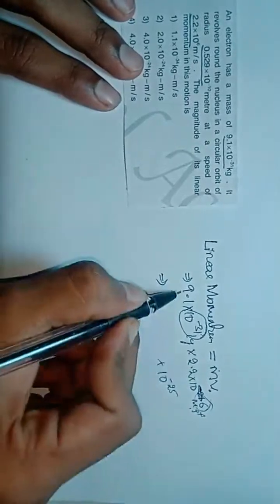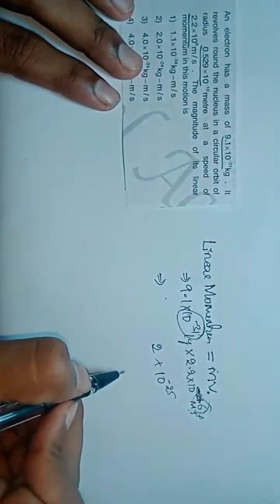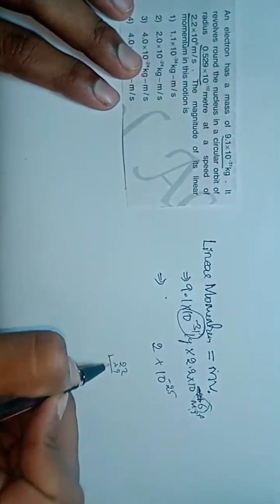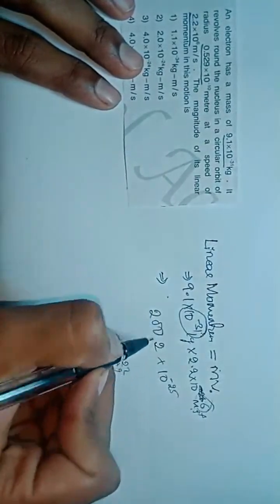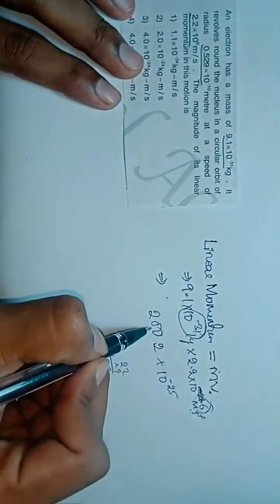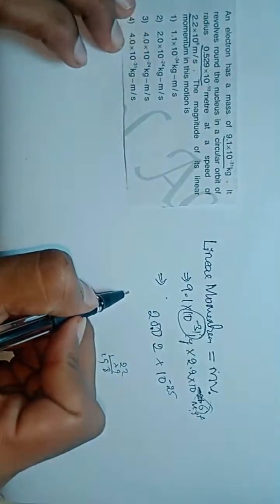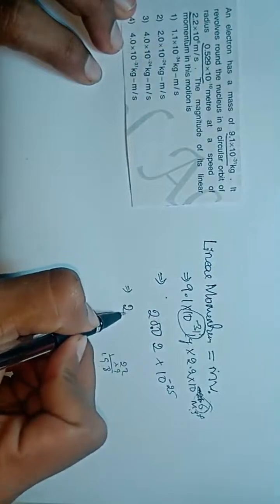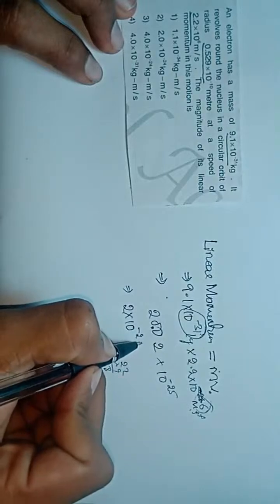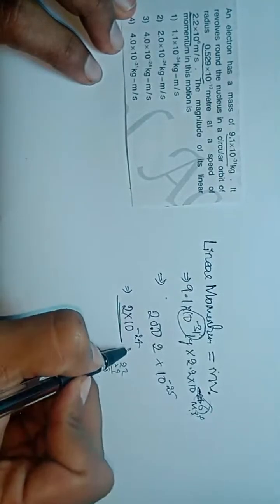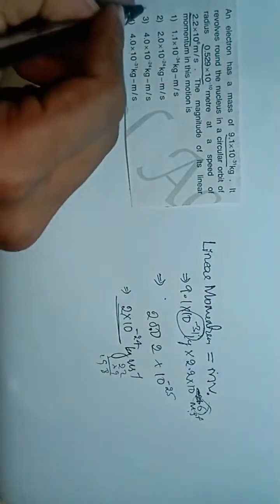After that multiply these two: 22 into 9 is 198, which is about 200. With the decimal point, it is 20 into 10 power minus 25, which we can write as 2 into 10 power minus 24 kg meter per second. So the answer will be the second option. This is the linear momentum.